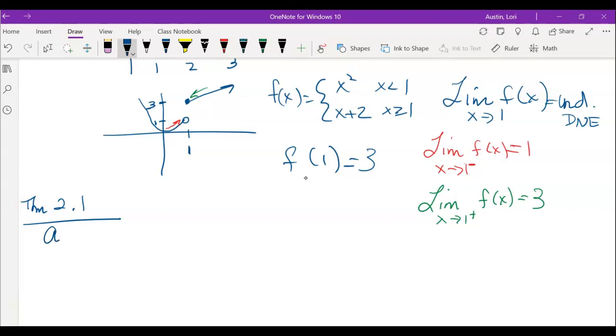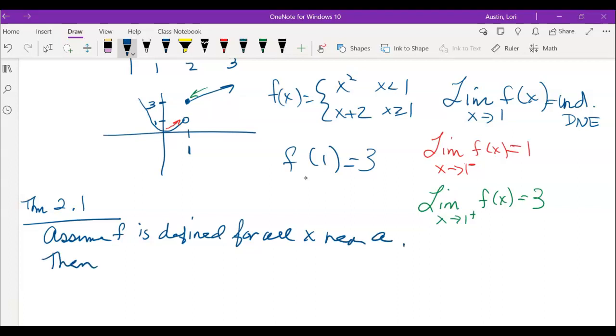And let's assume f is defined, they all start the same way, for all x near a. We don't need to define it at a. Remember that? We only need f to be defined for all x near a.